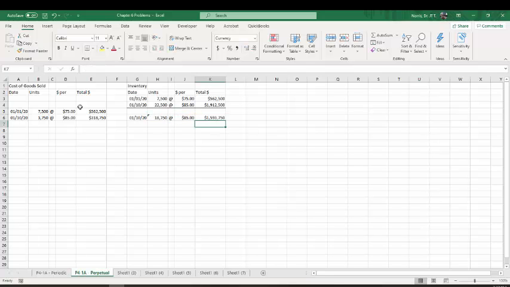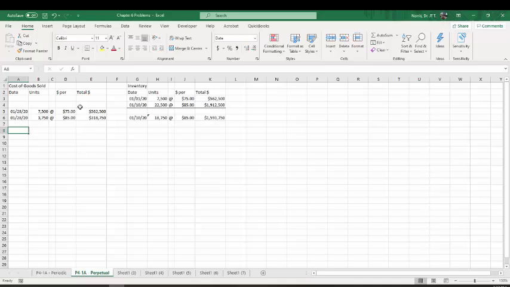The difference between a perpetual and a periodic inventory system is that the perpetual inventory system continually updates the inventory totals as we make sales. And this sale was on January the 28th. So that's what those two are.